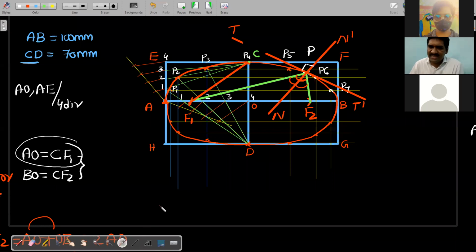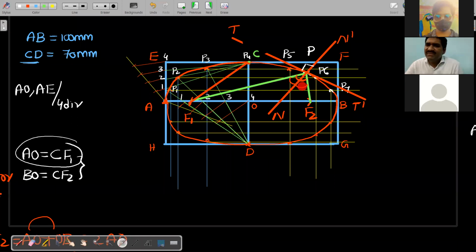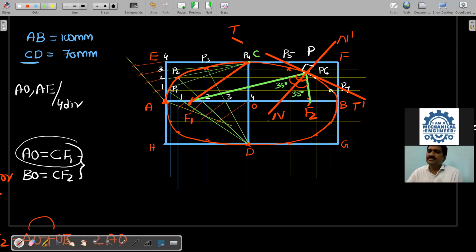I am repeating this point again. Suppose I have to draw a tangent here. The point where you have to draw the tangent, join that point to the focus points F1, F2. Then you will get some angle. For this angle you draw the angular bisector. If for example it is 70 degrees, exactly at 35 draw a line. So this will become 35, and this has to become again 35.